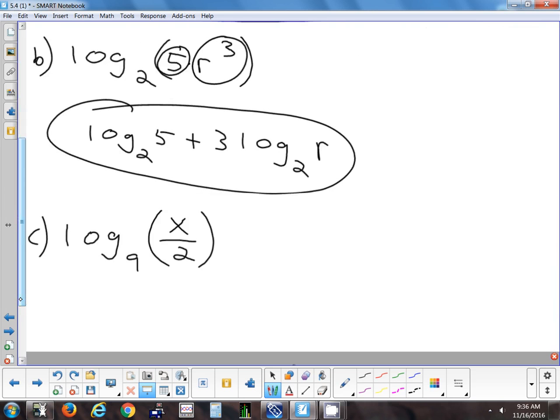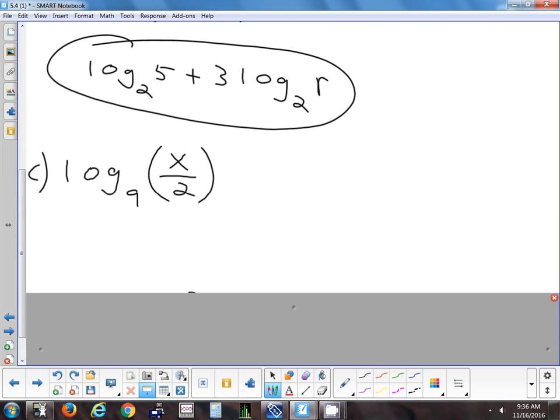Okay, how about this one, a little different. Anyone think they can tell me the whole answer there? Just keep in mind now it's a quotient, so it is going to split as a difference. Log base 9 of x minus log base 9 of 2.